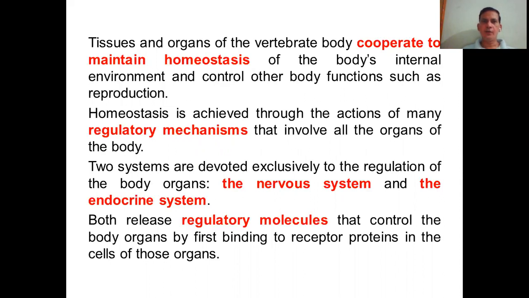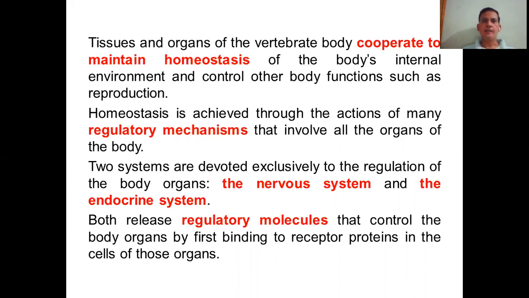Now, in order to get rid of that excess CO2 and bring back the normal homeostatic condition, the body uses the respiratory system. The lungs and the other organs come into action to remove the excess CO2 and bring in new oxygen.